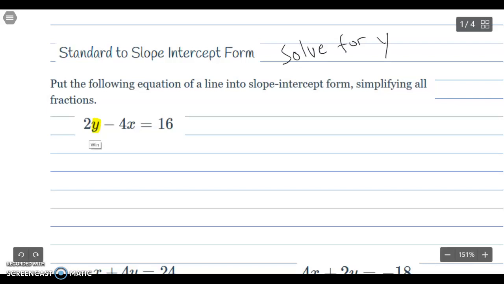So I'm going to highlight the y right here and work away from it. The first thing I want to do is get rid of this negative 4x and get it away from the 2y. I'm going to do that by adding 4x on both sides.